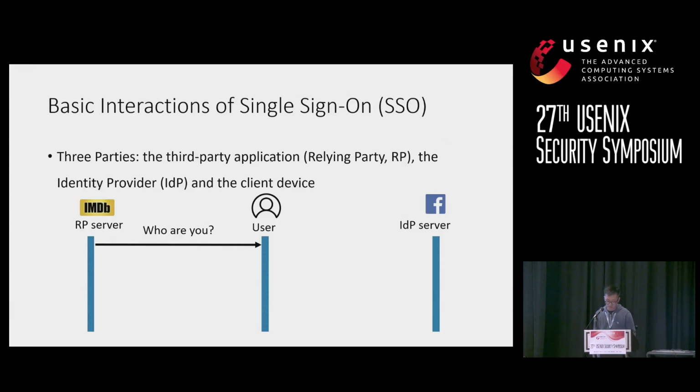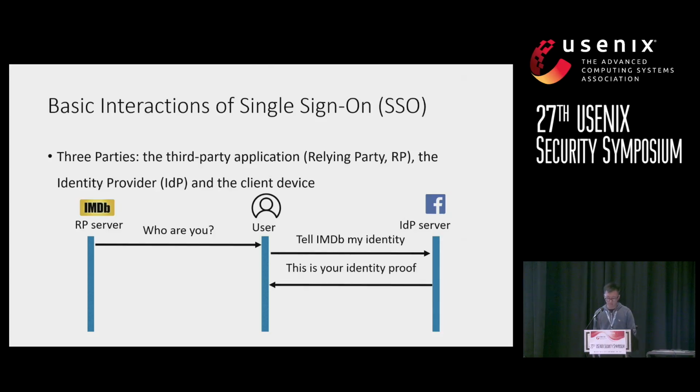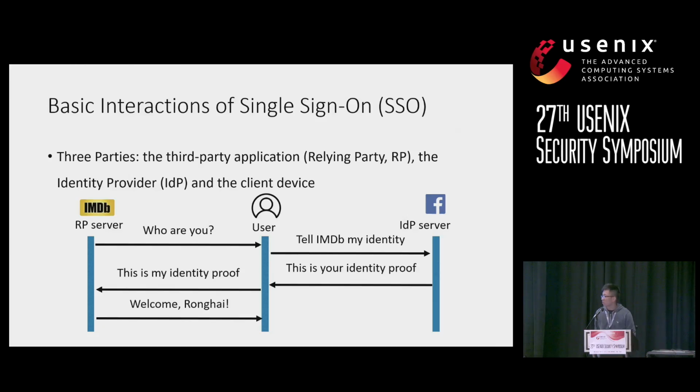And the user tells an IDP server, "Please tell IMDb my identity." And then the IDP server returns the user's identity proof to the user. And then the user gives this identity proof to the RP server. And when the RP server receives that, the RP server says, "Welcome."